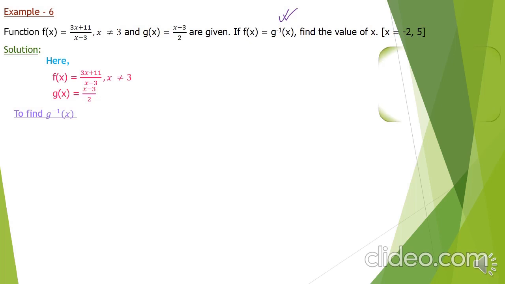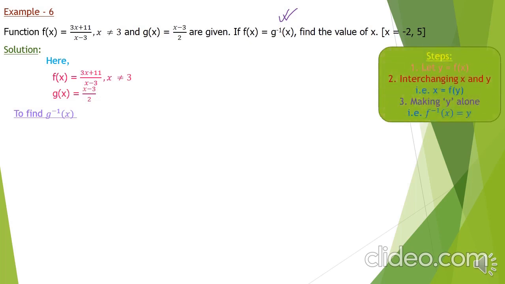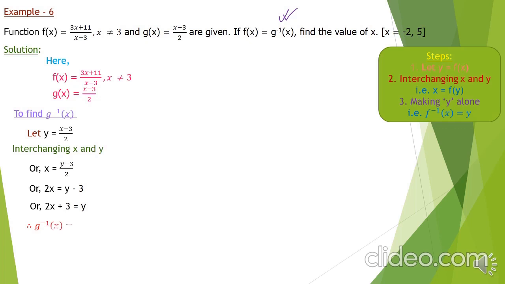Now you can see this step on the right side of your screen. Let y be equal to x minus 3 by 2, then interchange x and y. After interchanging we have to make y alone. Now y is alone, so it is the inverse. 2x plus 3 is our inverse. Now according to the equation, we can quickly move on.